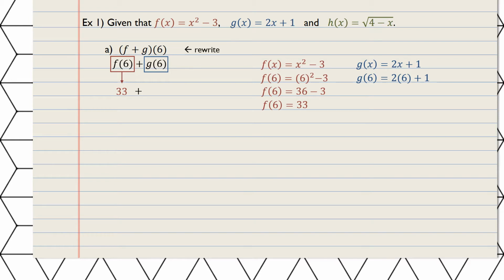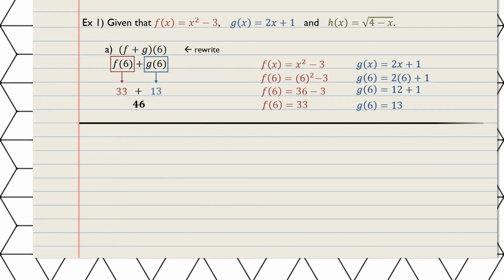We have no grouping, no exponents, but we do have multiplication, and now we have addition. And so we find g of 6 actually equals 13, which means instead of writing g of 6, we can now put its true value of 13. Now our statement says 33 plus 13, which we know is 46. And we're done with part A.